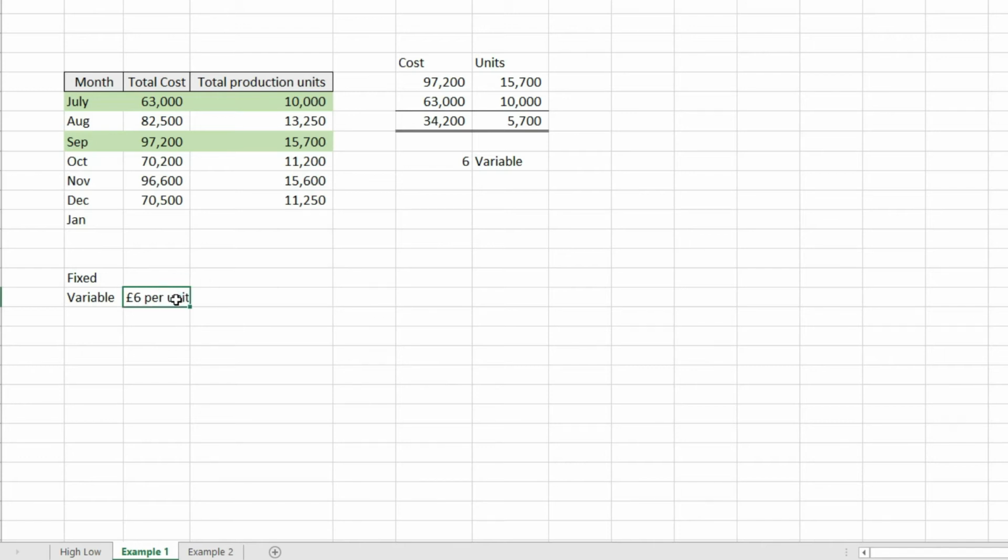So if that's the case, then if we take, again, anything in this table, so if we take December here and just go, right, I've got 11,250 units, times that by 6, and then minus total cost of 7,500.